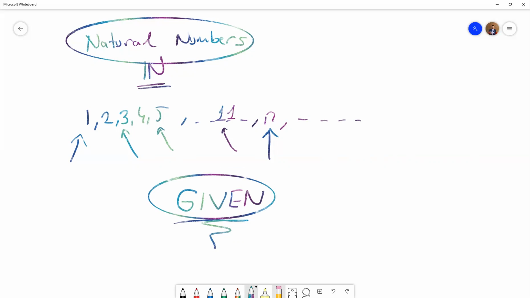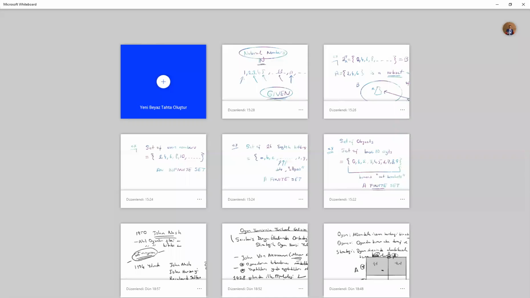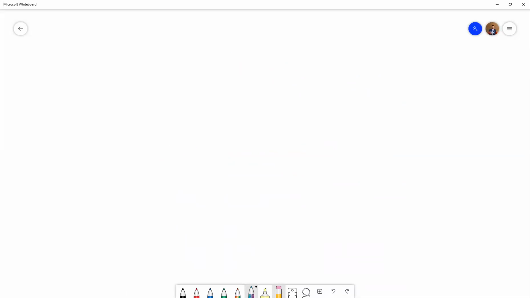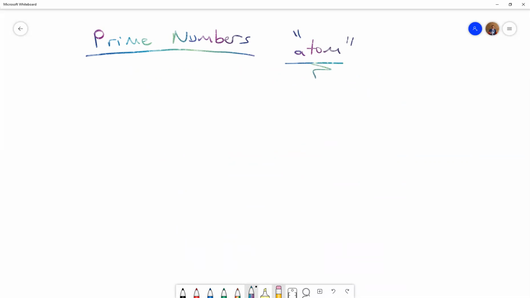Another one. Do you know what a prime number is? Yeah. Mostly we use prime numbers for defining atoms. You know, in chemistry maybe you saw this one. We can give a definition for prime numbers.